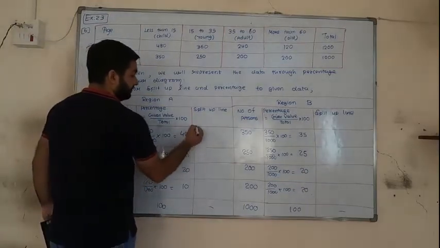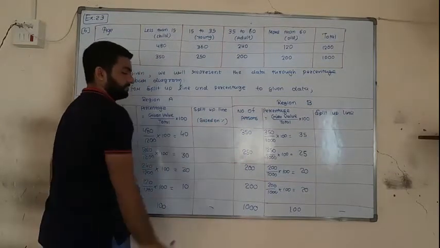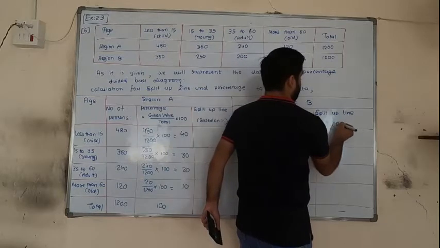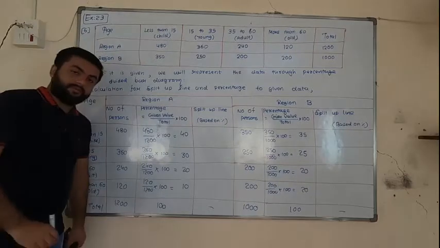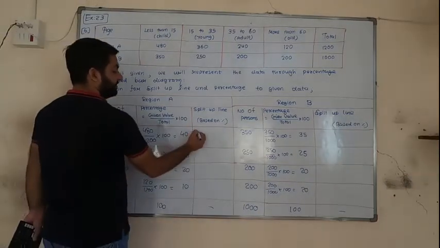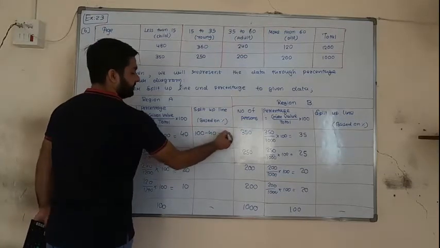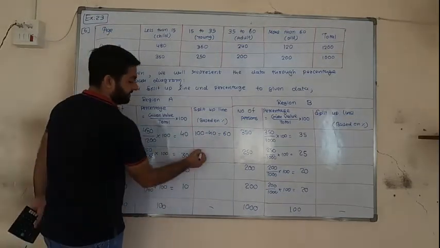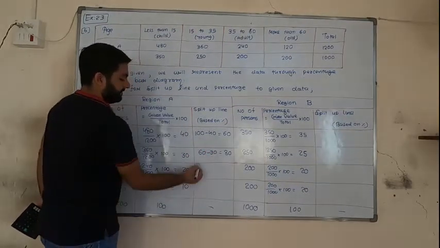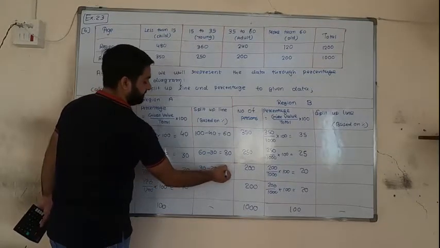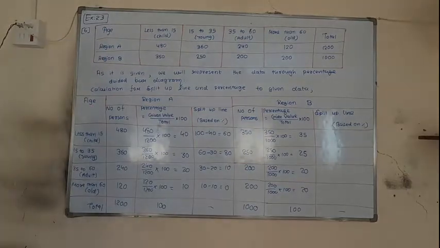Okay, here I am writing based on percentage. Now start with 100, the total, minus first value as you know 60. Then take 60 down, minus 30 is equals to 30. Take 30 down, minus 20, 10. 10 minus 10, 0. Its last value should be 0. So 60.